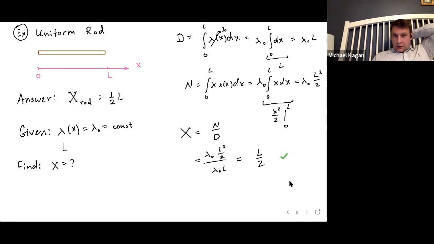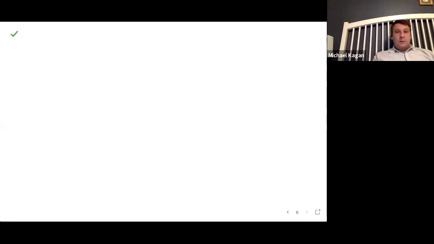Now let's consider a non-uniform rod. So let's put in some specific function.